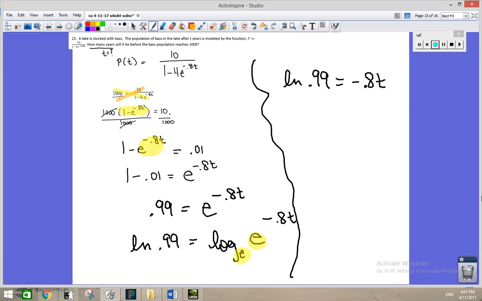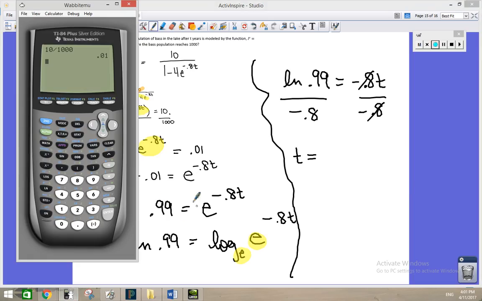I'm trying to get t by itself, so I divide both sides by this negative 0.8. Negatives divided by negatives cancel, and I go to the calculator. I'm starting to get a little bit tired. The natural log of 0.99 divided by negative 0.8.